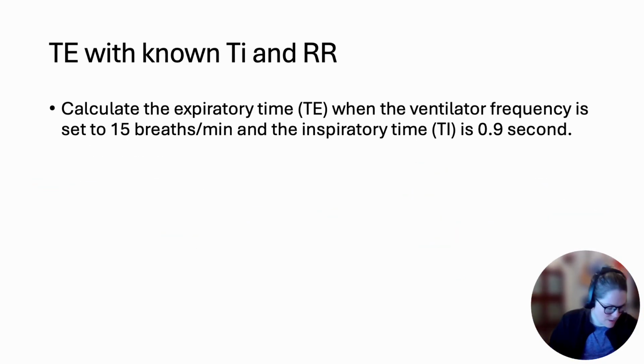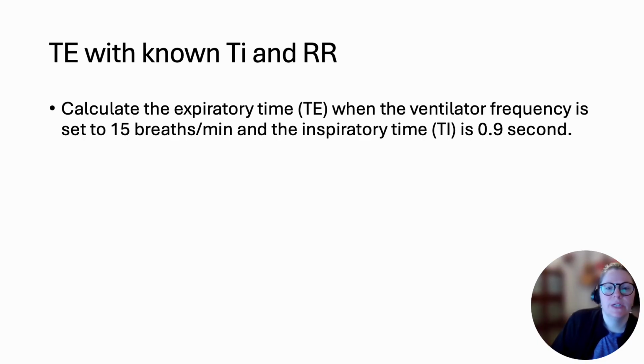Okay, moving on to the next problem. We're trying to get expiratory time with a known I time and respiratory rate. So kind of like the last problem we did. Let's read our problem.